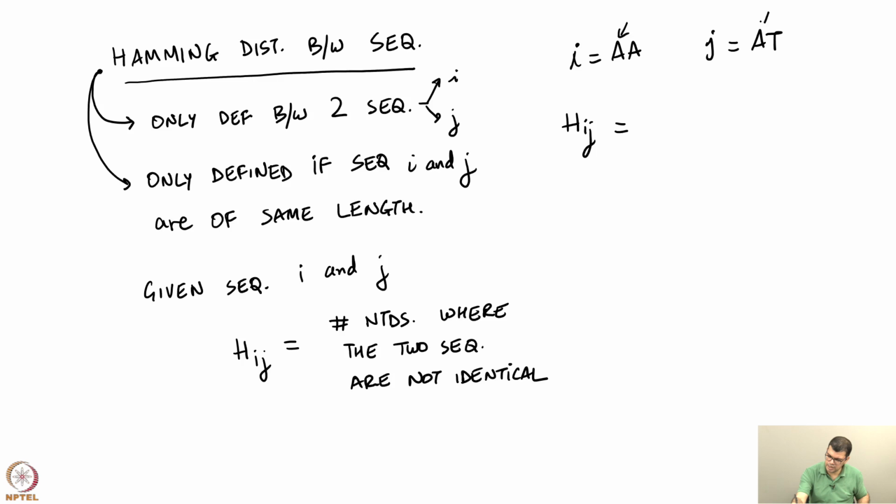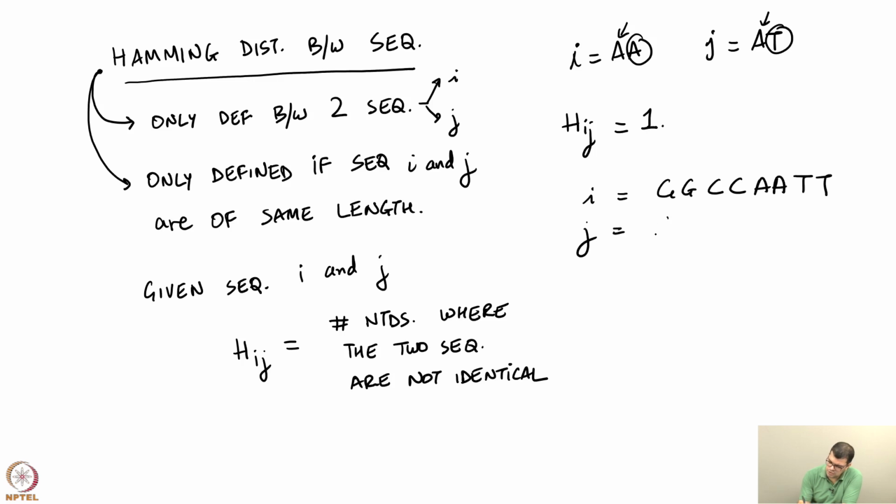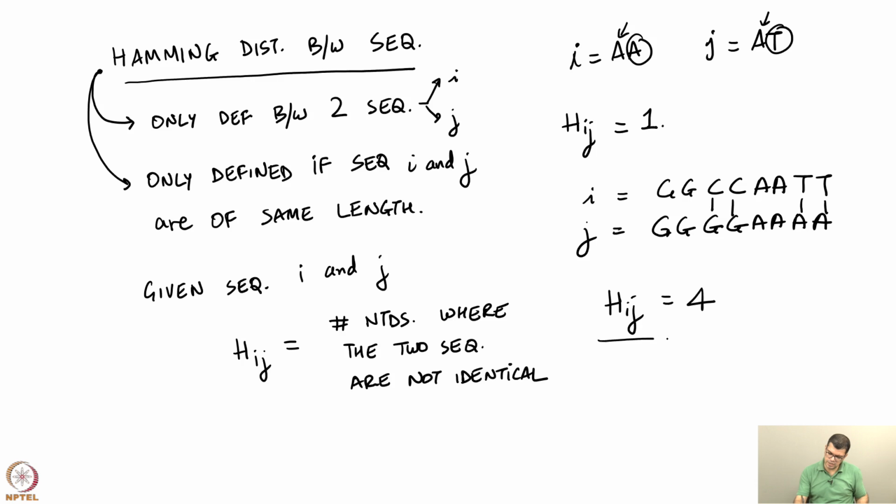At the first position they are identical, but at the second position they are not the same. So, Hij is simply equal to 1. Compare another sequence i, which is GGCCAATT, and another sequence j, which is GGGGAAAA. In this case, Hij is simply equal to 1, 2, 3, 4, the 4 places where these two sequences are dissimilar from each other. So, Hij in that case is 4, Hij in the previous case is 1.